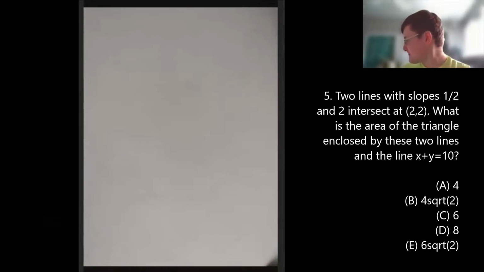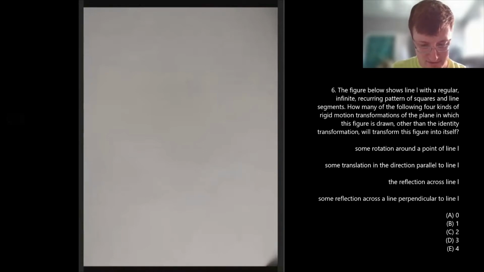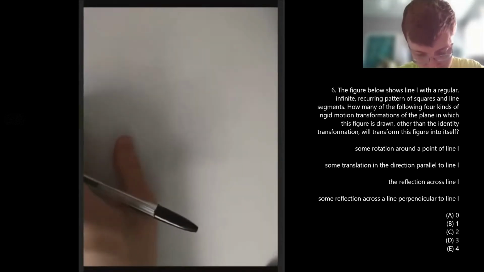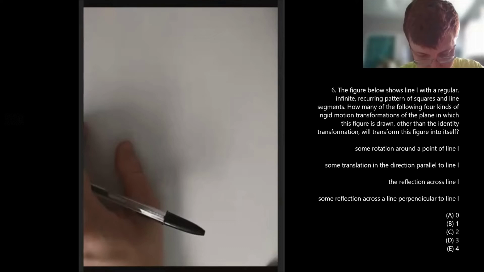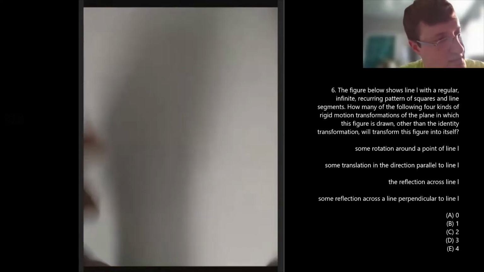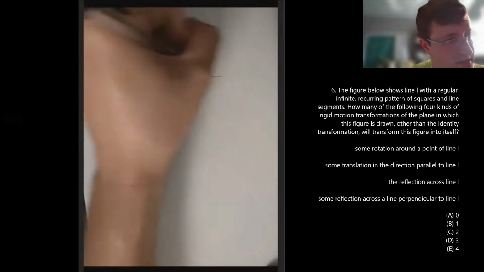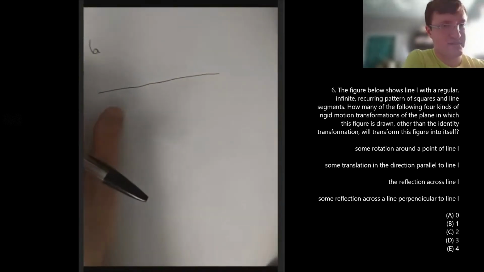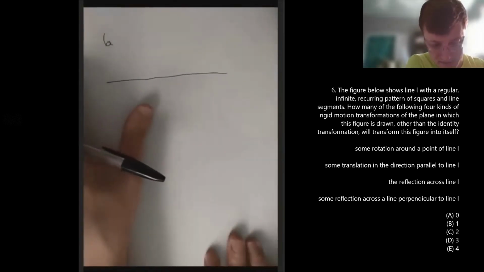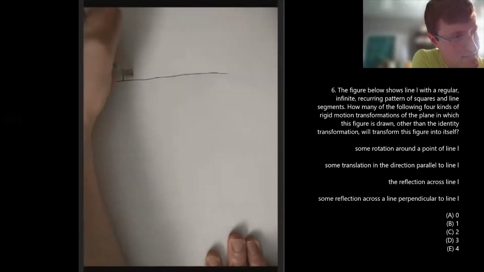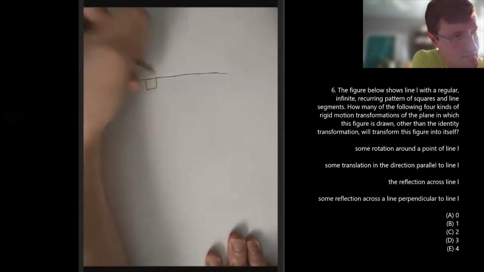Okay, problem 6. Okay, this is a weird one. Okay, so I have this diagram that looks something like, so I've got a square here, square here.